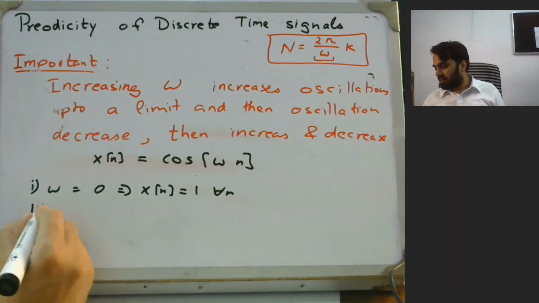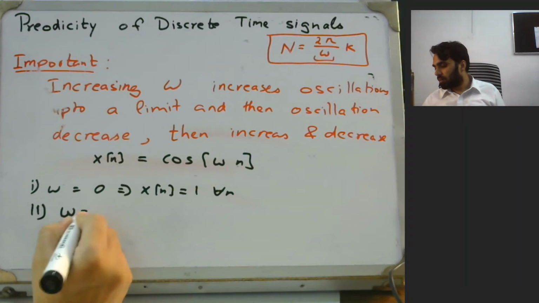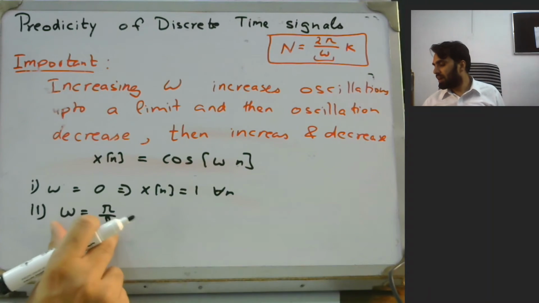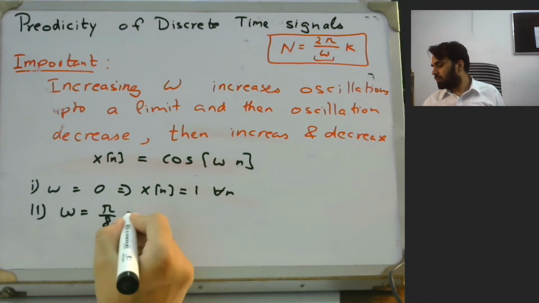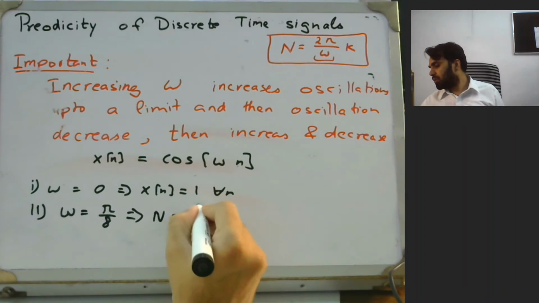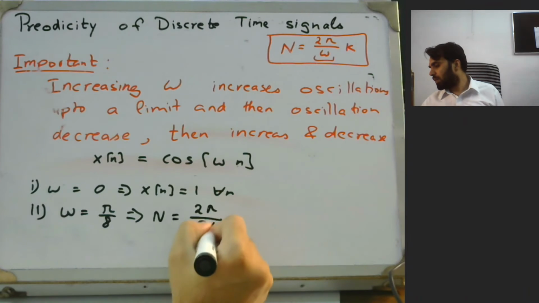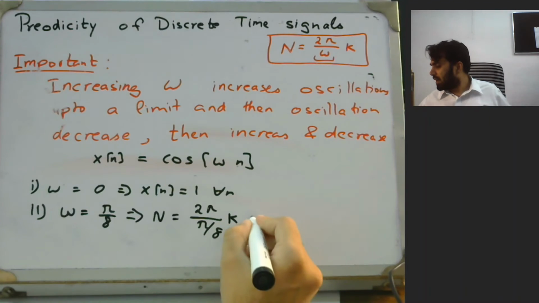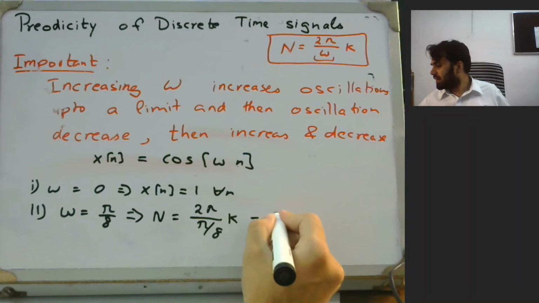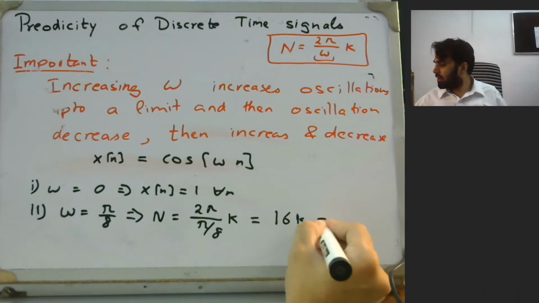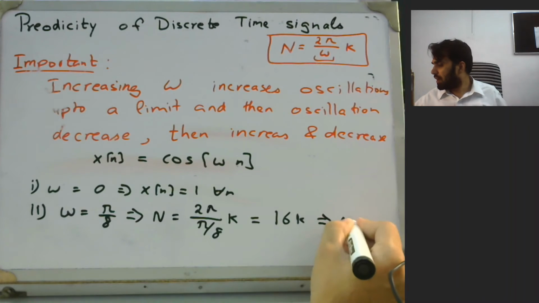In the second case, let us increase omega to pi by 8. So if omega is pi by 8, this would mean that n would be equal to 2 pi over pi by 8 multiplied by k, and this would be equal to 16k. That would mean that for k equal to 1, n naught would be equal to 16.